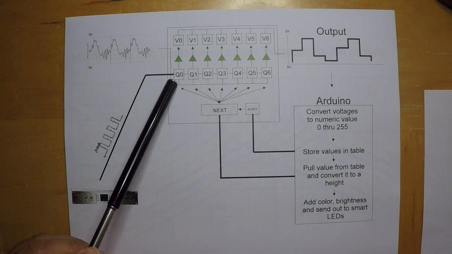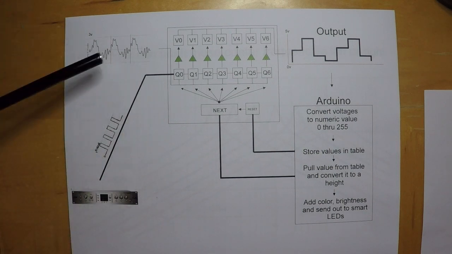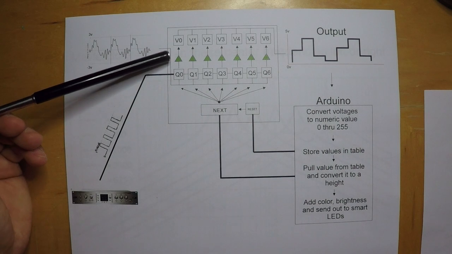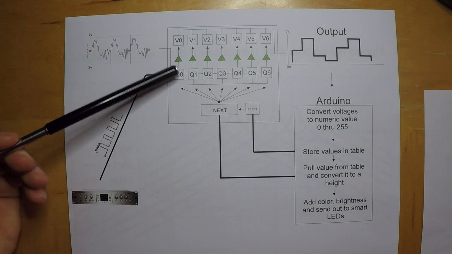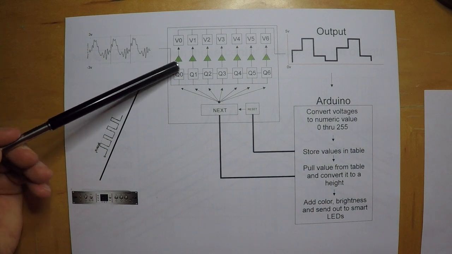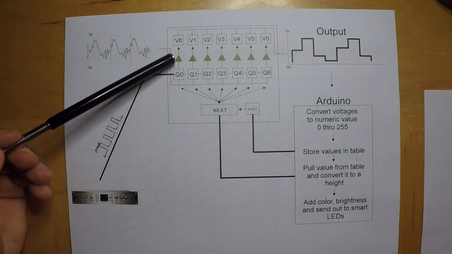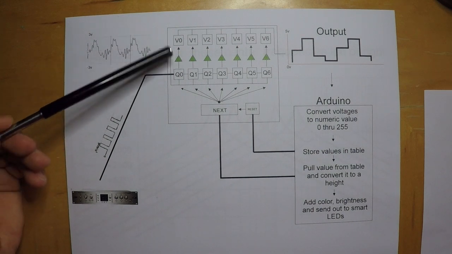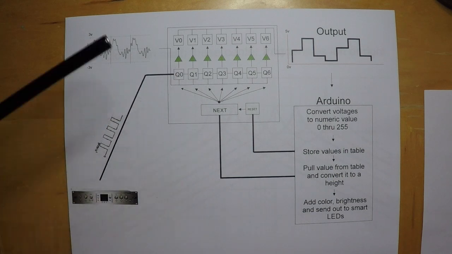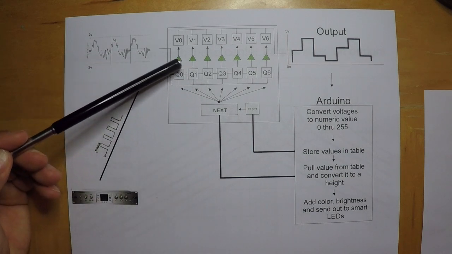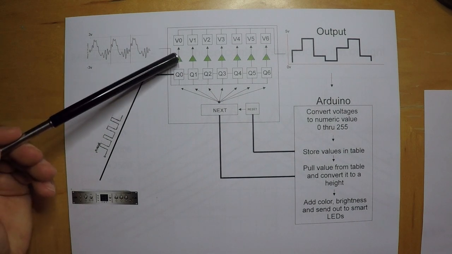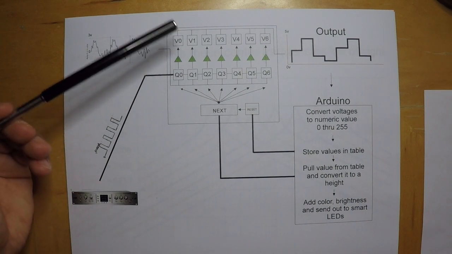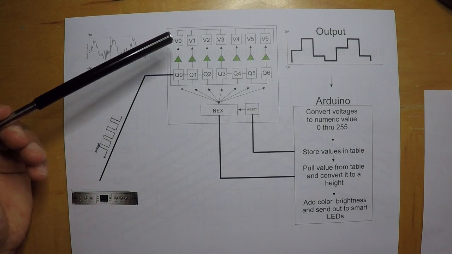except for Q0. Now Q0 is receiving audio in real time, and it's sending the audio through some circuitry for analysis. This circuitry is going to measure the amplitude or loudness of just the frequencies that are coming out of this filter, and it's going to convert that amplitude or loudness into a voltage.